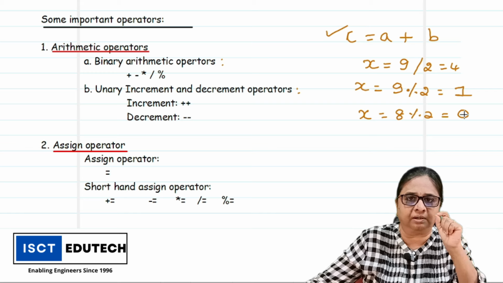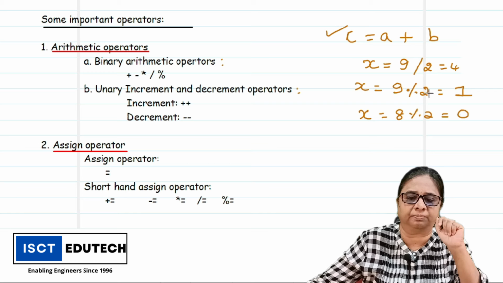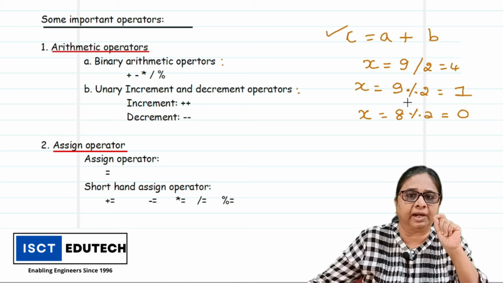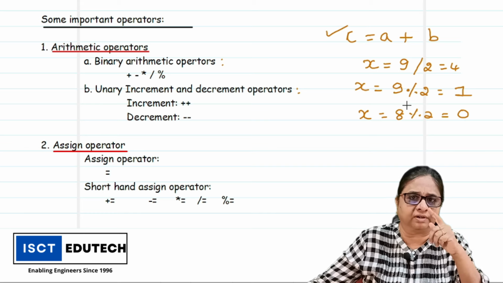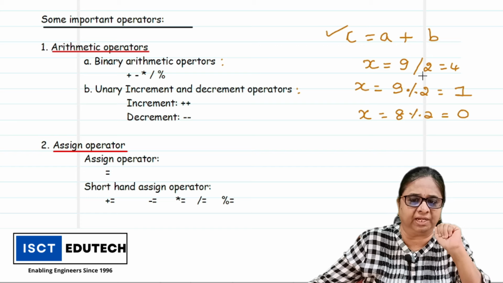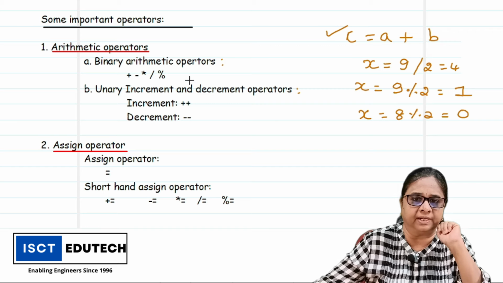If you want to extract the remainder during division, then make use of the percentage symbol. It is also called the mod operator or modulus operator. And remember, modulus works only with integers. The forward slash works with other data types, no problem, but modulus works only with integers. So that is about the binary arithmetic operators.